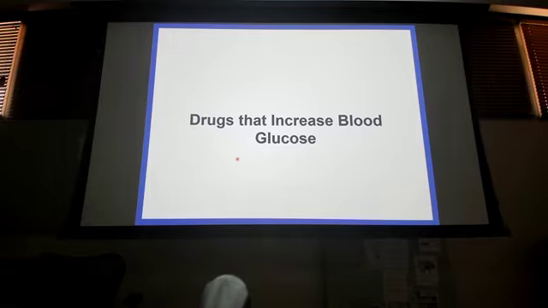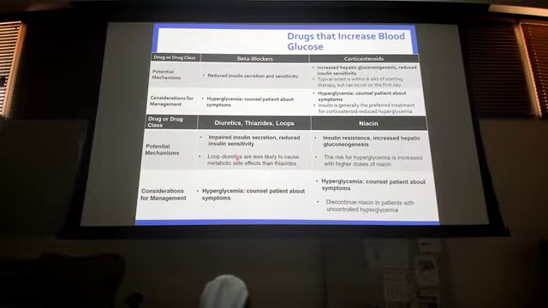So last line types of things. Our medications that can increase blood glucose. So there's lots of different meds that we can put our patients on that would make their diabetes worse. We have talked about some of them last semester, and we talked about some of them this semester, and we're going to talk about more of them. But you have beta blockers, right? Your steroids, diuretics, thiazides, loops, niacin.